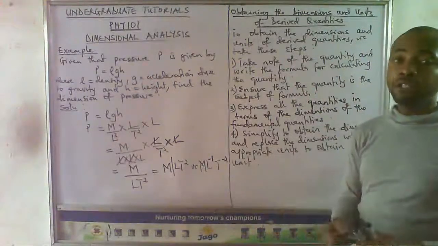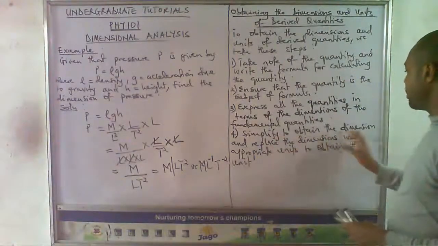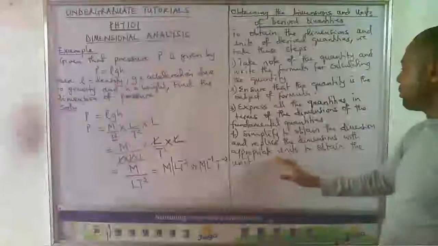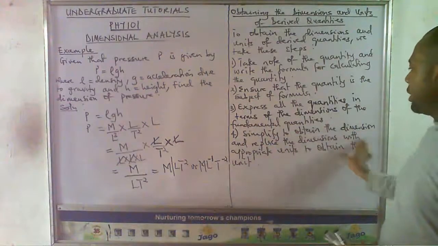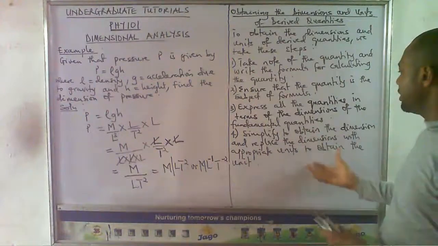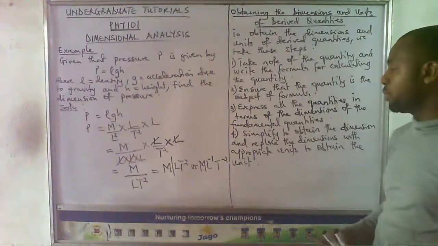If we want the units now, all we need to do, like we said, is simplify to obtain the dimension and replace the dimensions with the appropriate units in order to obtain the unit of the quantity.